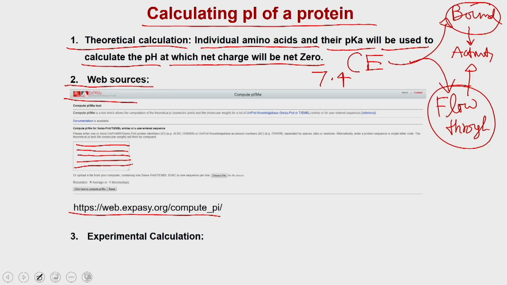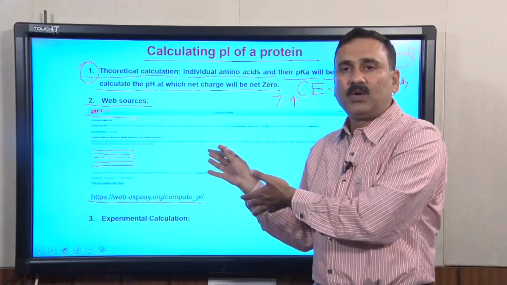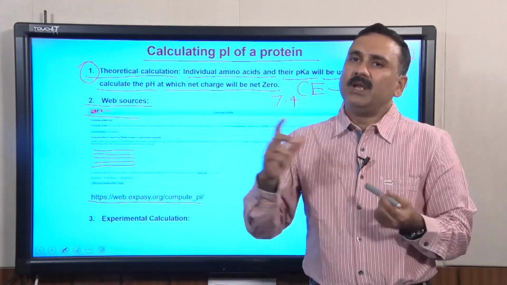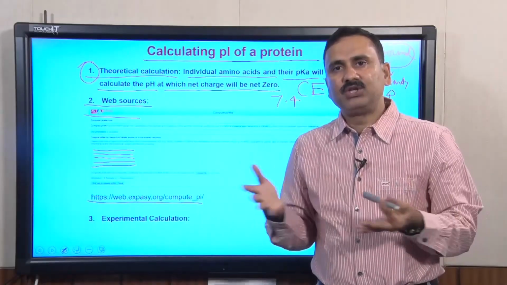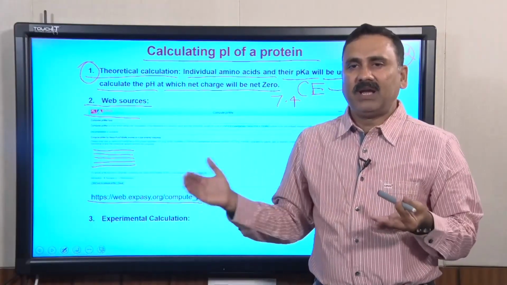As soon as you click this button, it gives you the pI value. The ExPASy web source is doing the same thing: it takes the pK values of the individual amino acids in the sequence you have put, and calculates the average to get the pI values.